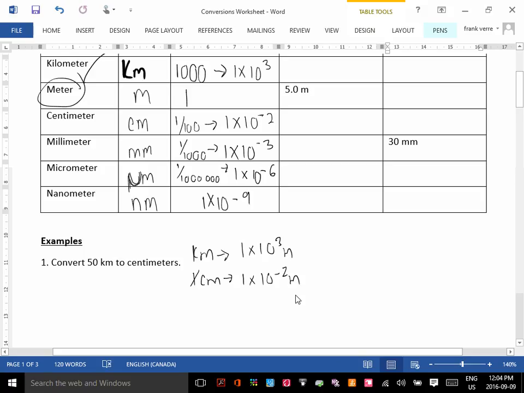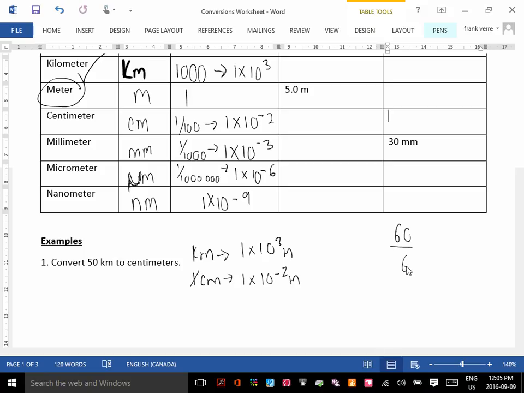So my question is, how many times bigger is a kilometer relative to a centimeter? When you have exponents, you want to compare them, right? Like if I said to you, how many times bigger is 60 relative to 6? You would just say, well, 60 divided by 6, that's what? 10, right? But with exponents, how do you divide exponents?